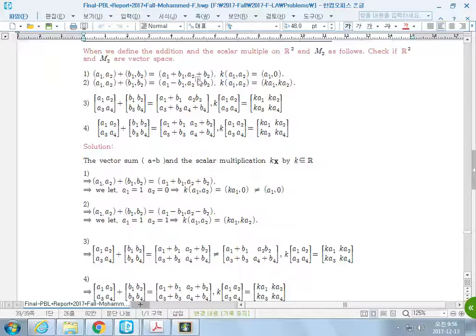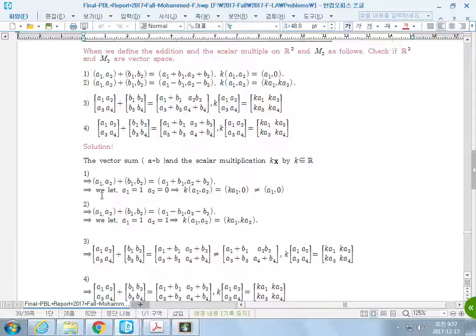And we have to check if it is a vector space or not. So here the solution for the first one was we let A1 equal to 1 and A2 equal to 0. So in case of the addition, A1, A2 plus B1, B2, it held as the problem was asking.